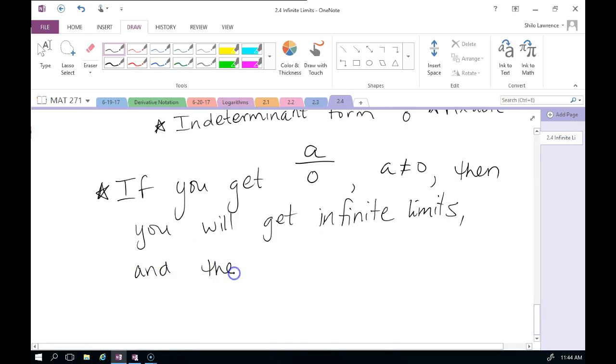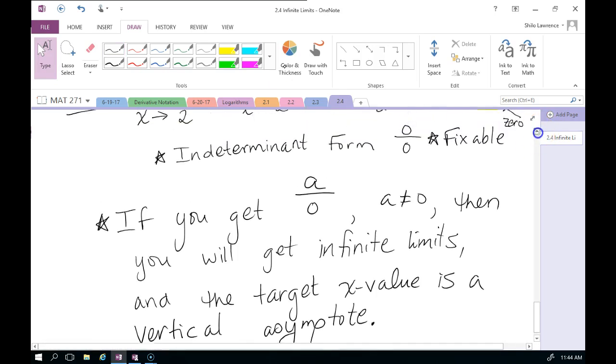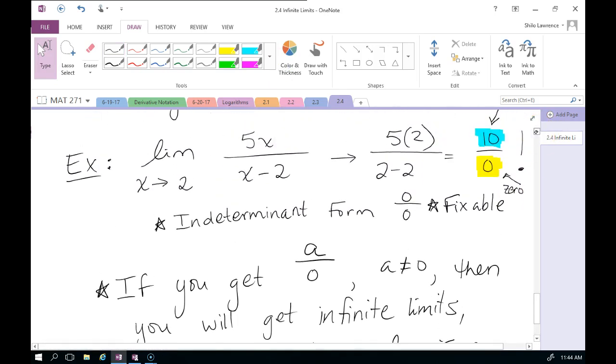And the target x value is actually a vertical asymptote. So we still haven't answered this question, but that's a format that we can remember and recognize.